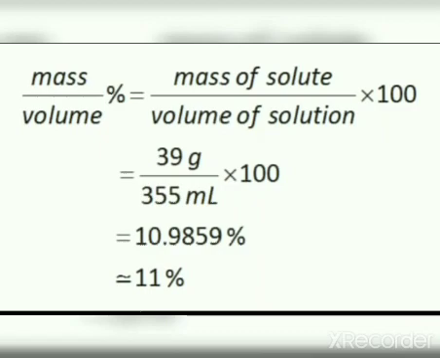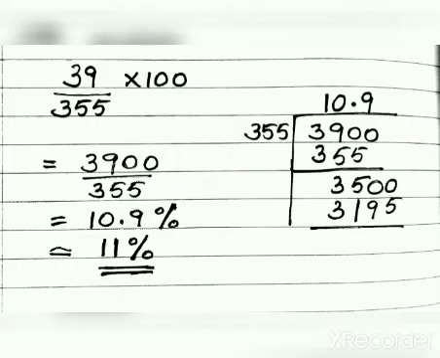That is 39 divided by 355 into 100, which is equal to 10.98 percentage, or nearly equal to 11 percentage. How can you do the calculation? 39 by 355 into 100 will be equal to 3900 divided by 355. When you do the calculation, you will get the answer as 10.9 percentage. So it can be taken as nearly equal to 11 percentage.